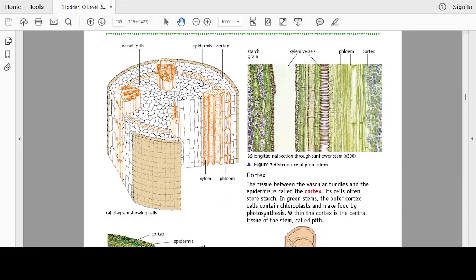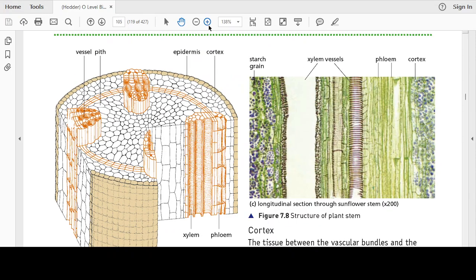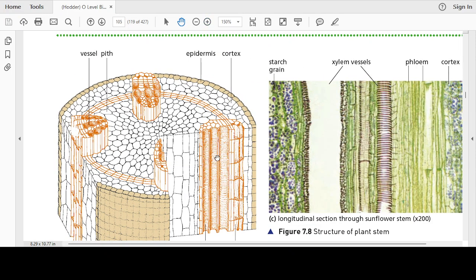So here's another diagram showing cells. You've got the single layer of the epidermis, you've got the cortex, then you've got the vascular bundles. The vessels, again, the xylem, as you can see, the long tubules. If I just zoom in, you can see the long tubules, and the lines and marks you see are lignin deposits.